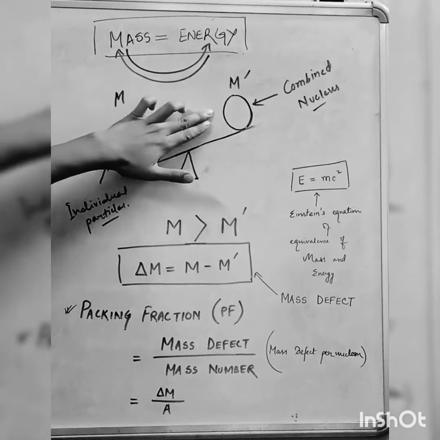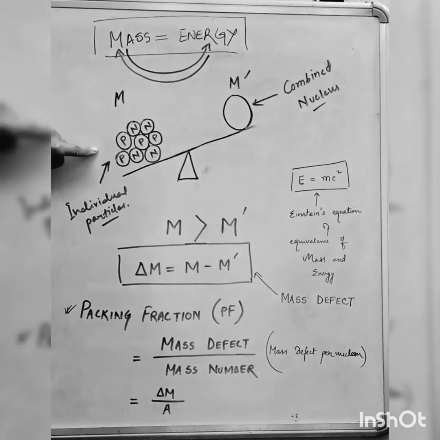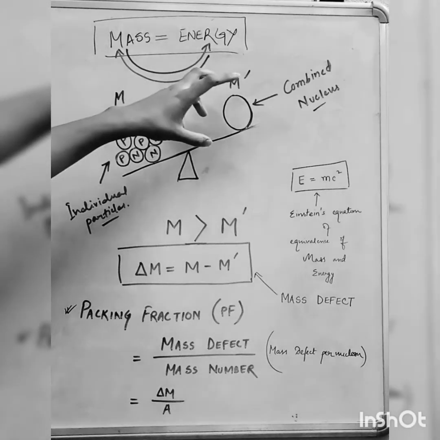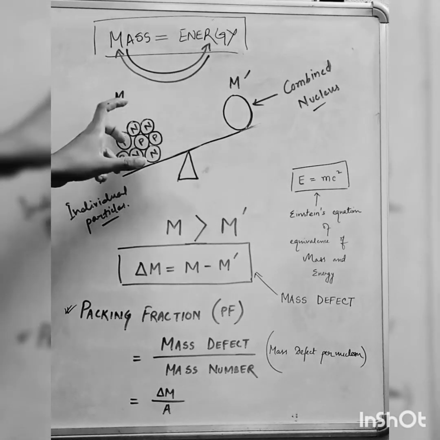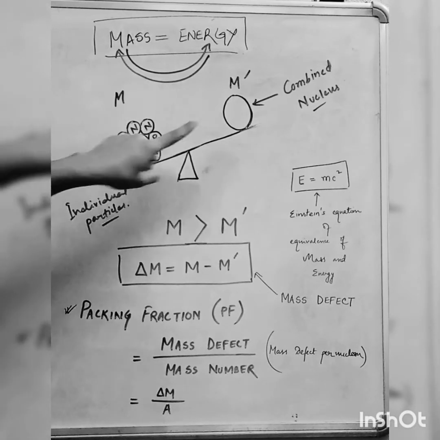That is, suppose this is a nucleus, and these are the protons and neutrons which are inside that nucleus. Suppose here 8 neutrons and protons together make a nucleus.